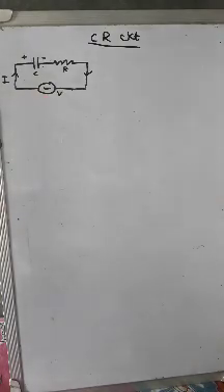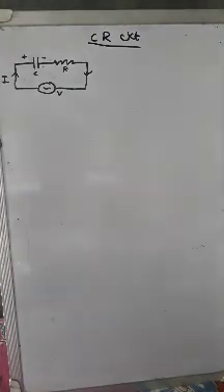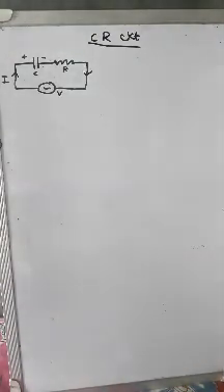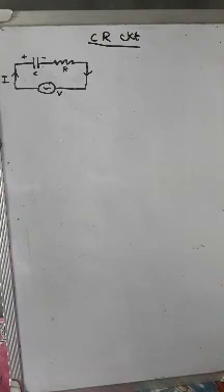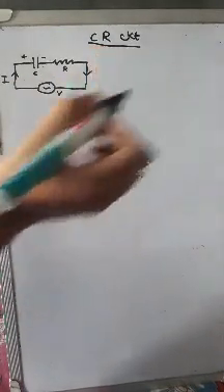So let's start. As usual, we start the derivations like all other circuits. In this circuit also we will start in the usual way, that is, you have to take the alternating voltage that is being applied to the circuit. So let's write the value of the alternating voltage.